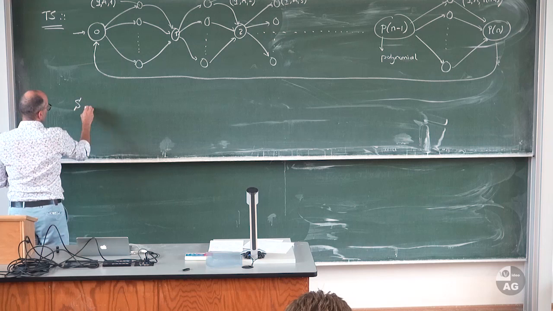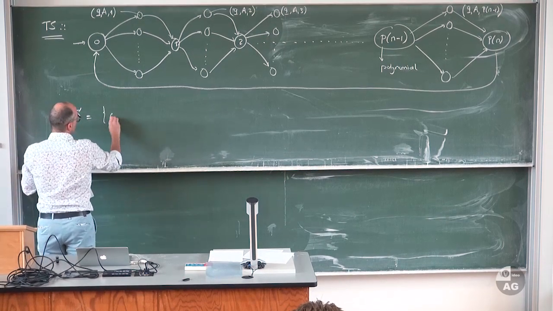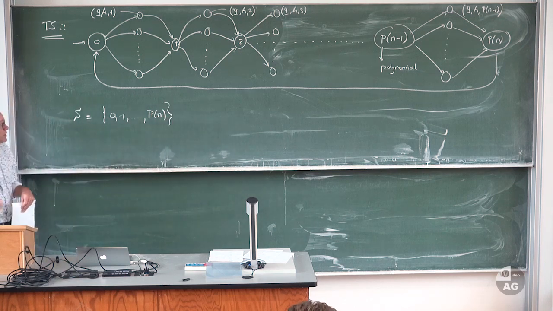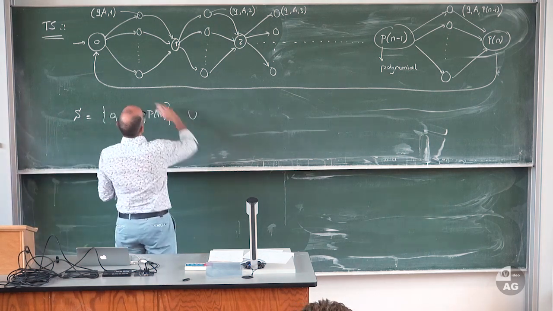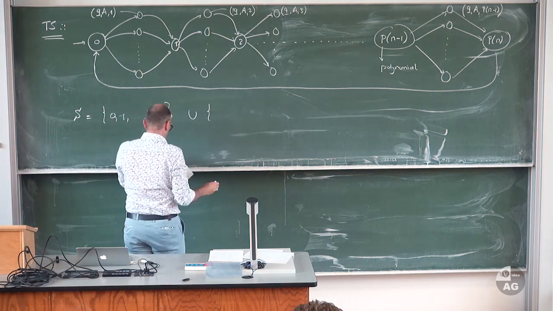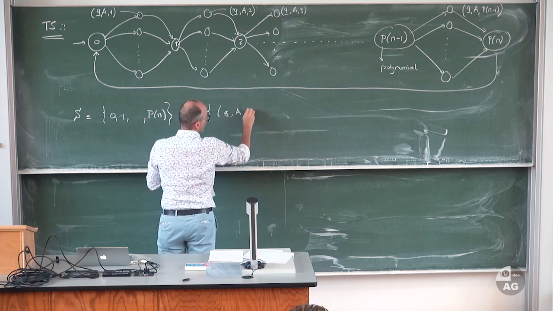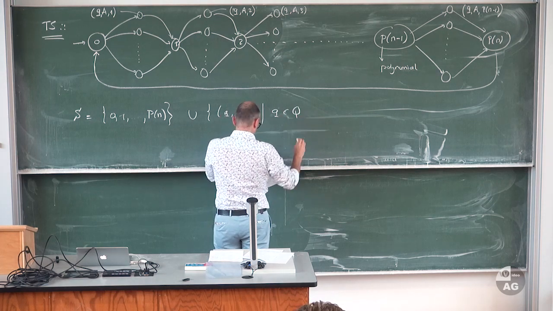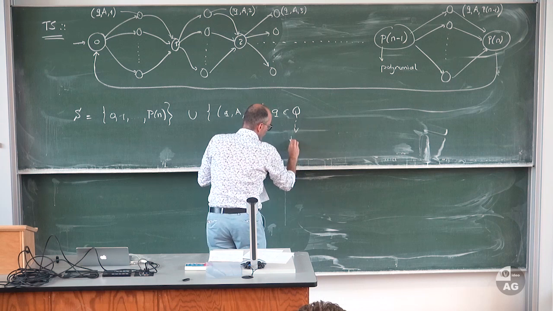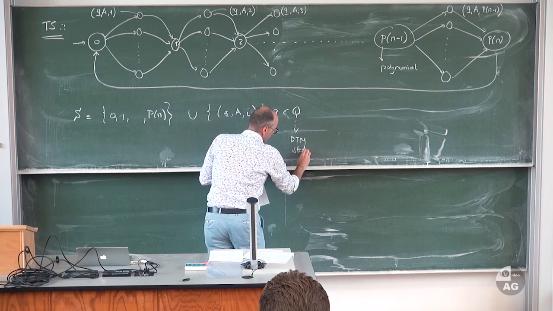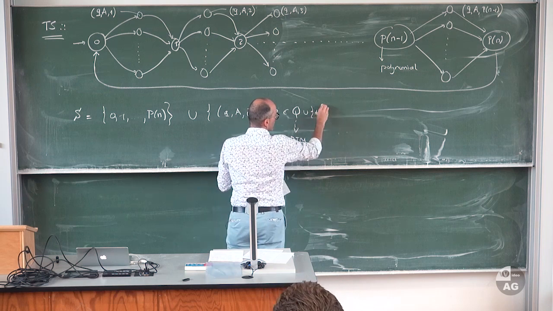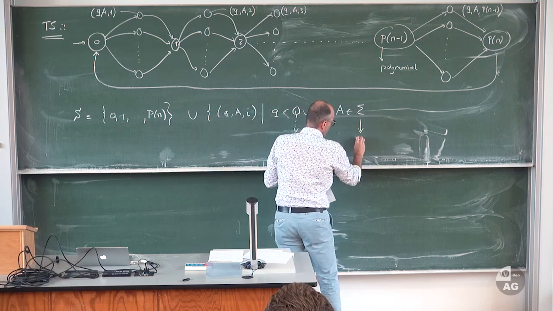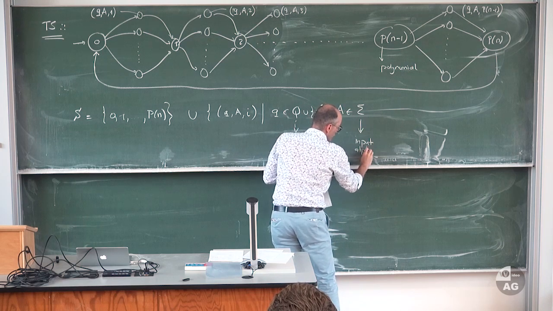So we have the set of states. Now I'm going to formally write this down. The set of states was 0, 1 up to P(n). These were the states that I drew initially. And then all the states in between, those, let's say, diamond states. These have the following shape: (q, a, i), such that q is either a Turing machine state, or it's a special state called star, and a is an input symbol, so these are from the input alphabet of the Turing machine.